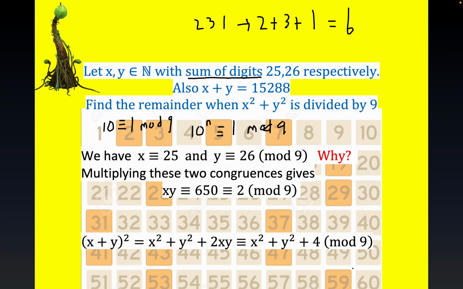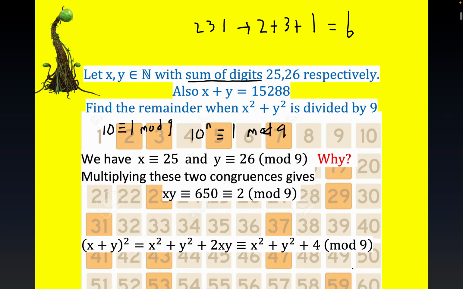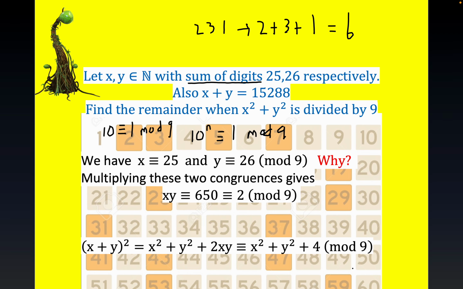Now, we're still a little stuck here. What do we do? Well, another thing to notice, and I'll just write it up here: if you divide 9 into 15,288, which is what x plus y is equal to, you actually get a remainder of 6.